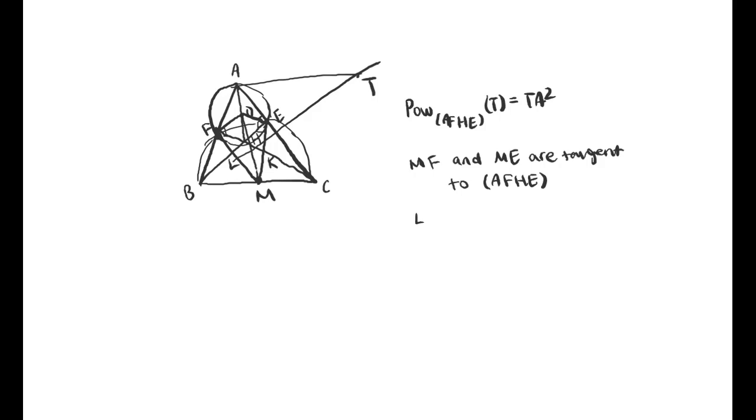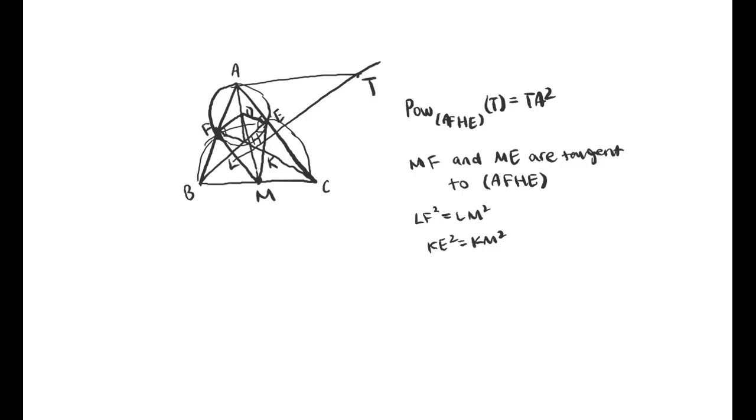And we also know that LF squared is equal to LM squared, and KE squared is equal to KM squared.